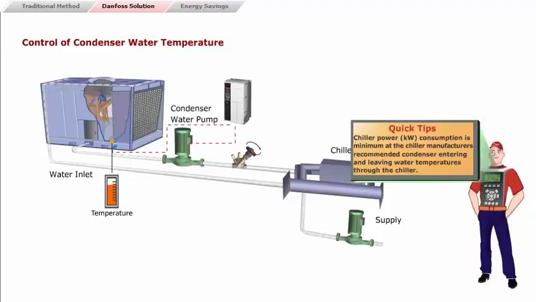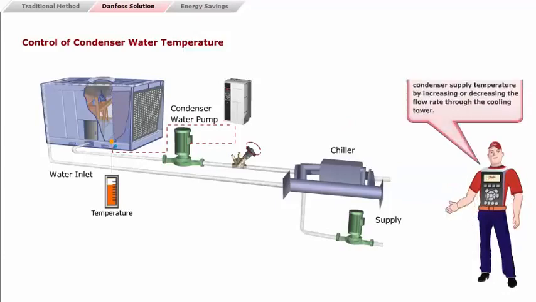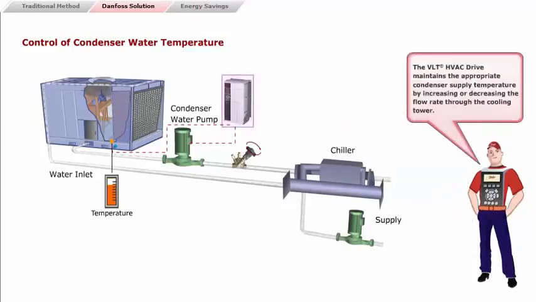Chiller power in kilowatts consumption is minimum at the chiller manufacturer's recommended condenser, entering and leaving water temperatures through the chiller. The VLT/HVAC drive maintains the appropriate condenser supply temperature by increasing or decreasing the flow rate through the cooling tower.